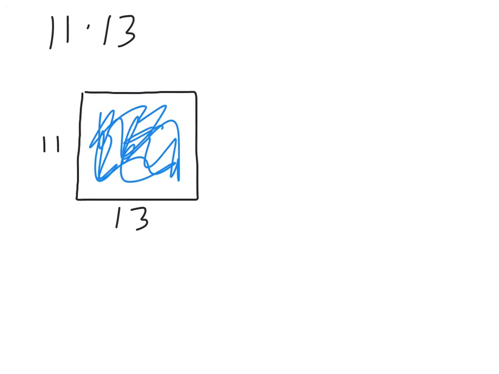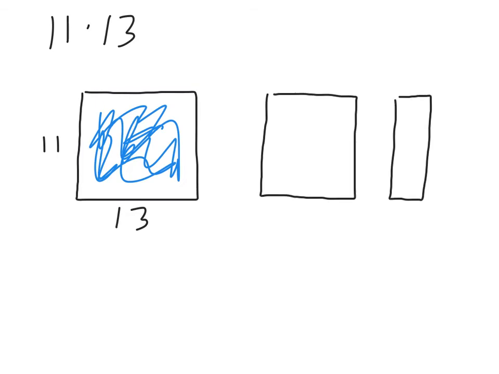Say instead we want to split it up into two smaller rectangles. So here we have two rectangles, both with the same height of 11, but we just split it up so the width is now changed. So now we have a width of 10 and a width of 3.